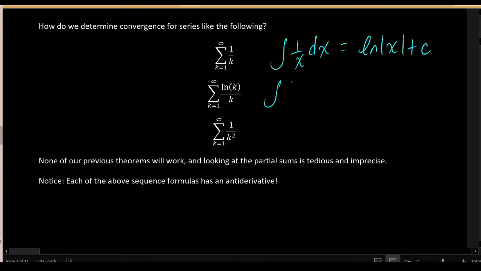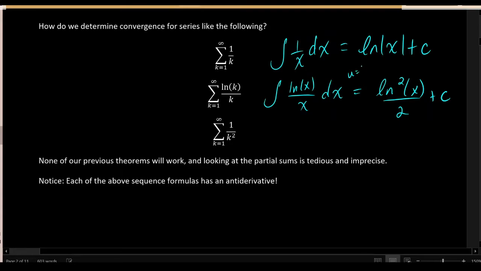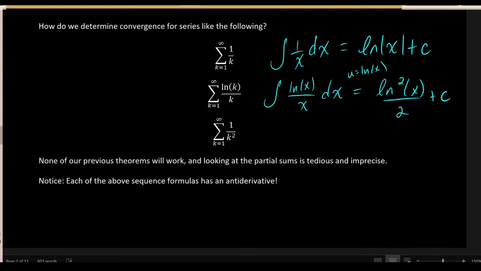If we wanted to integrate natural log of variable divided by x, then you can find this result using the u substitution, where u is equal to natural log. Then du would give us that 1 over x dx, and so we can integrate using u substitution.